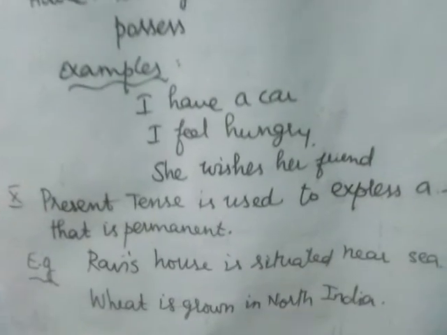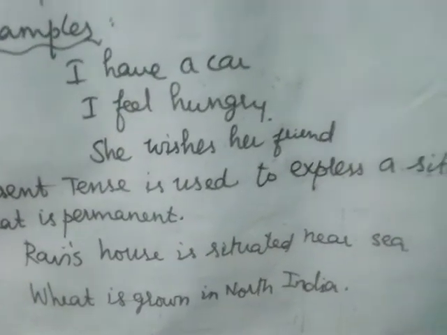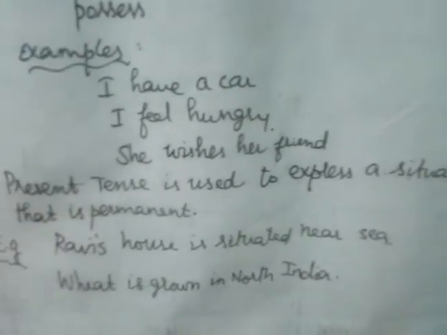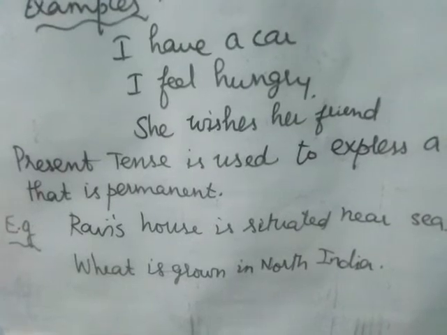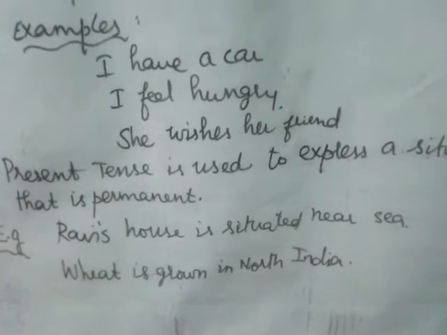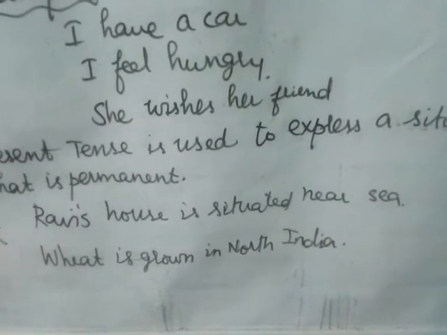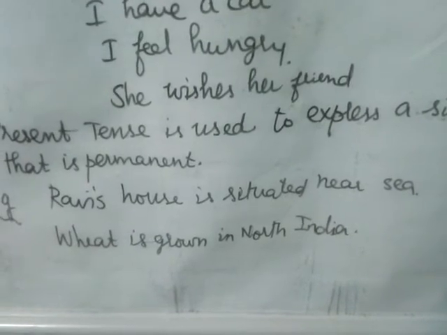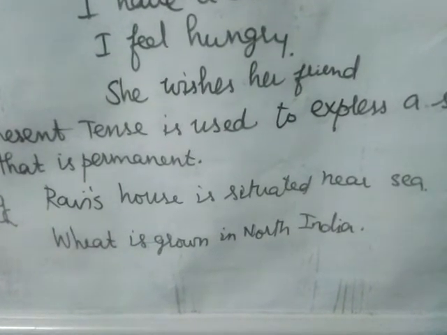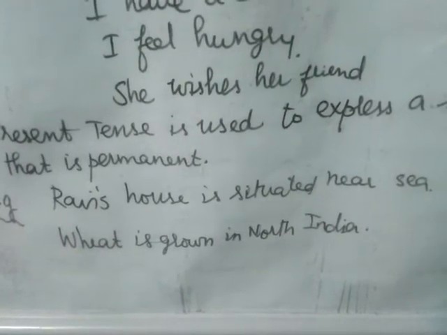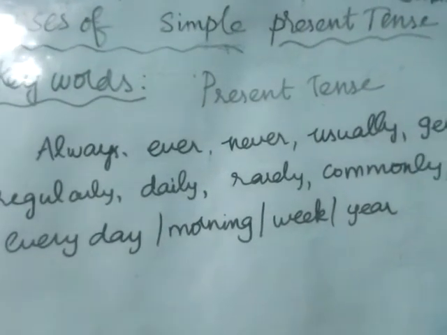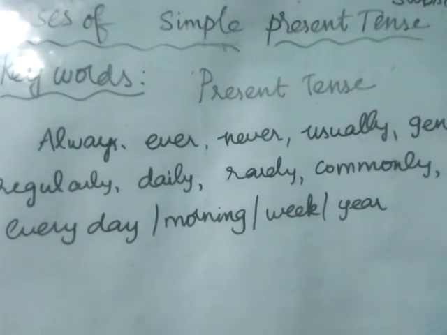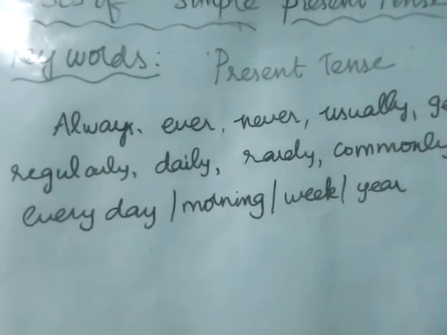10th one, present tense is used to express a situation that is permanent. Examples, Ravi's house is situated near the sea. Wheat is grown in North India. Keywords for using present tense. What are the keywords?